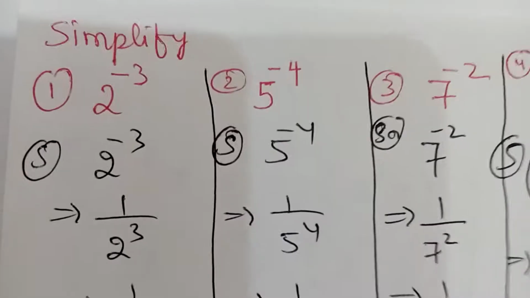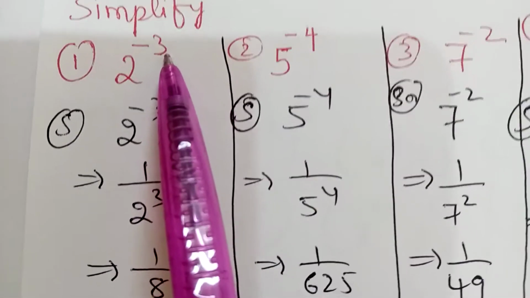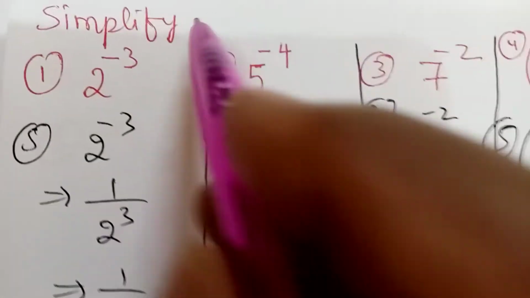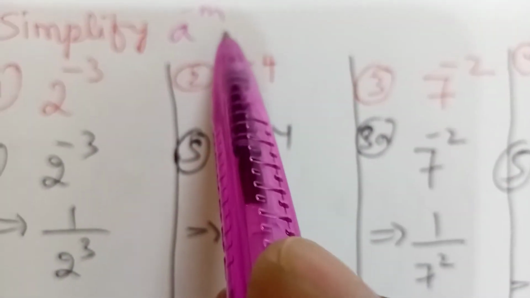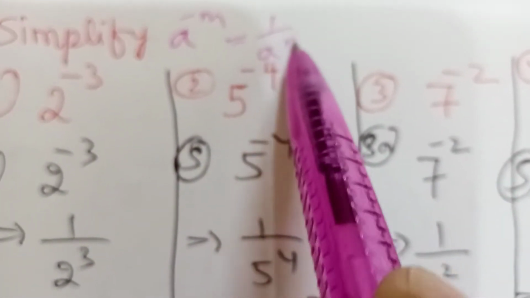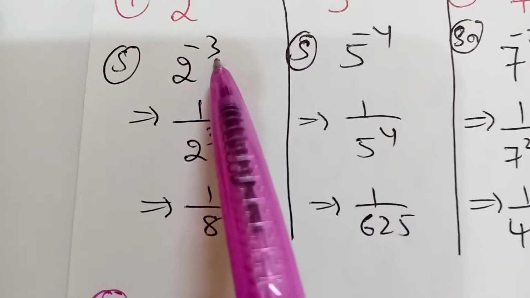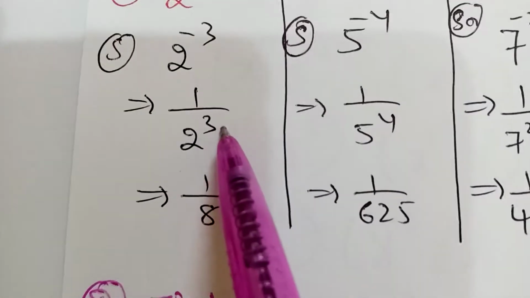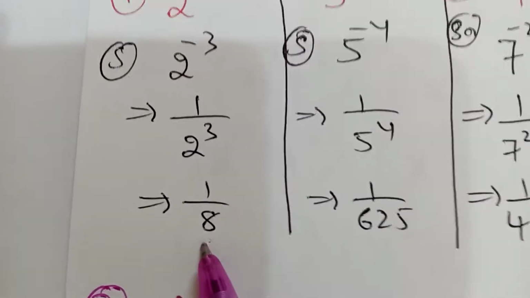Okay. Next, simplify 2 to the power of minus 3. We have a formula: a to the power of minus m is equal to 1 by a^m. So 2^(-3) means 1 by 2^3. 2 into 2 into 2, 3 times, 8, 1 by 8.